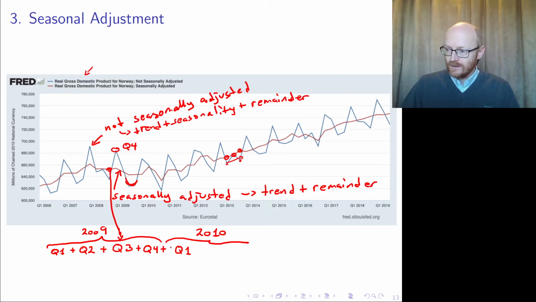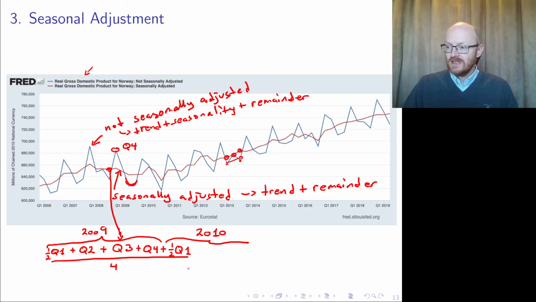Well, what you can do is to keep both, but you add half of the Q1 in 2010 and add half the Q1 in 2009. And then you could just divide by 4, because half plus half is 1, so 1, 2, 3, and 1 makes 4.